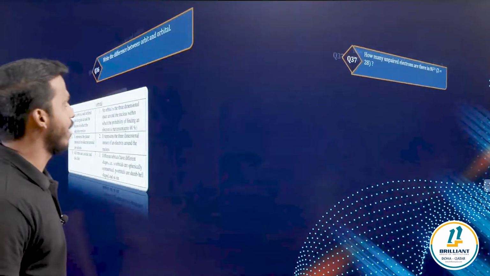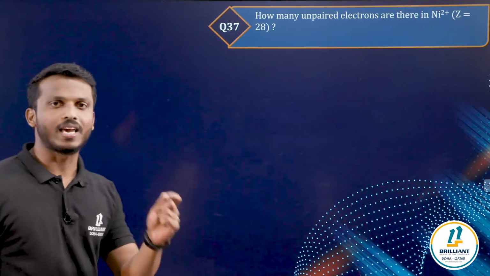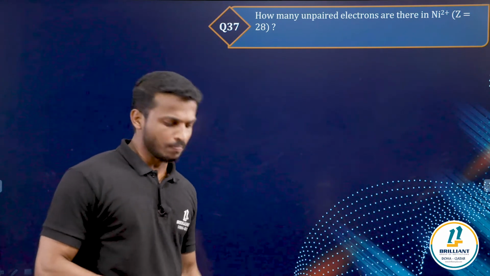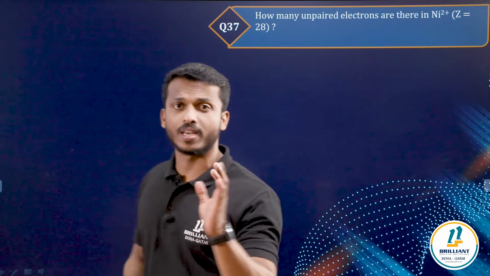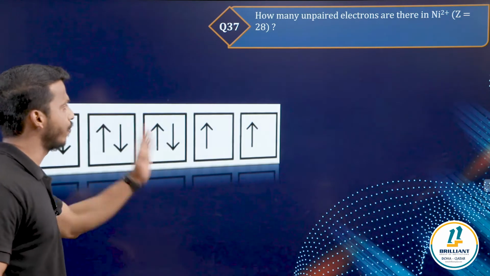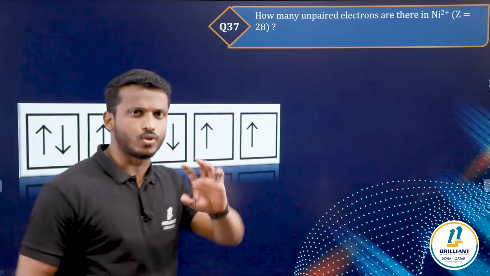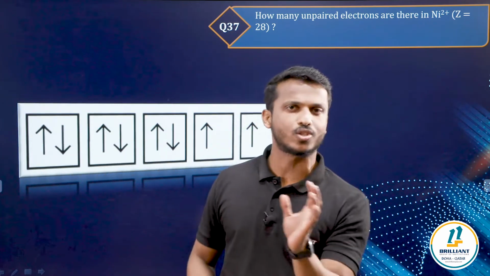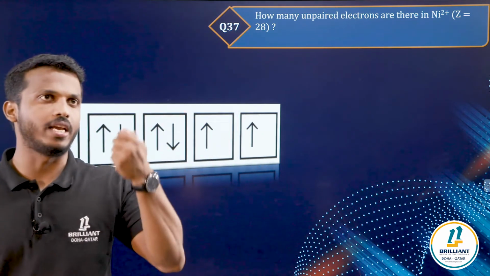Question number 37. How many unpaired electrons are there in nickel 2+? Dear all, unpaired electrons, right? Nickel is the system. Nickel's atomic number is 28. Let me write its configuration first. When you write the configuration of nickel, you will get 1s2, 2s2, 2p6, 3s2, 3p6, 4s2, 3d8.